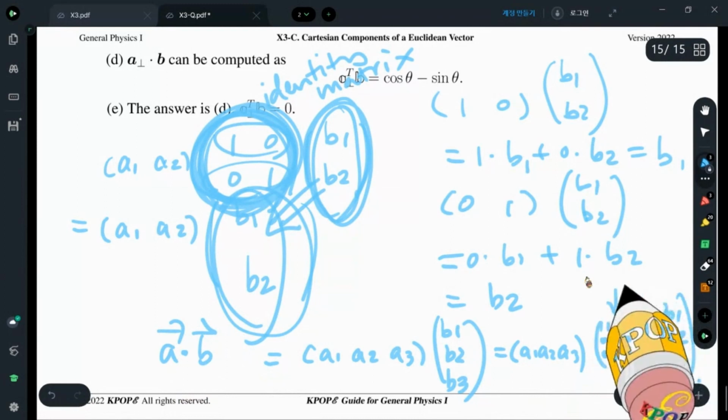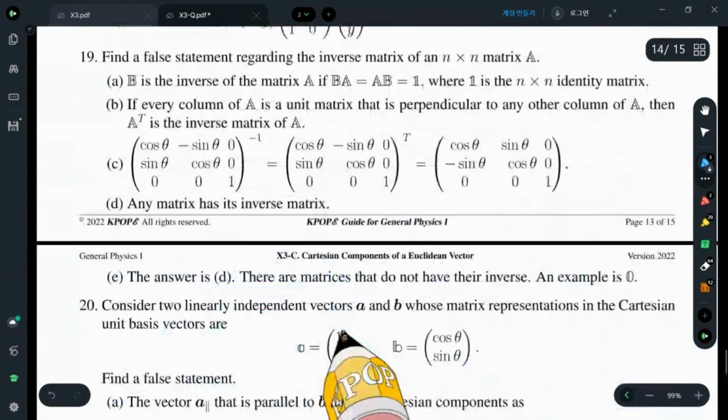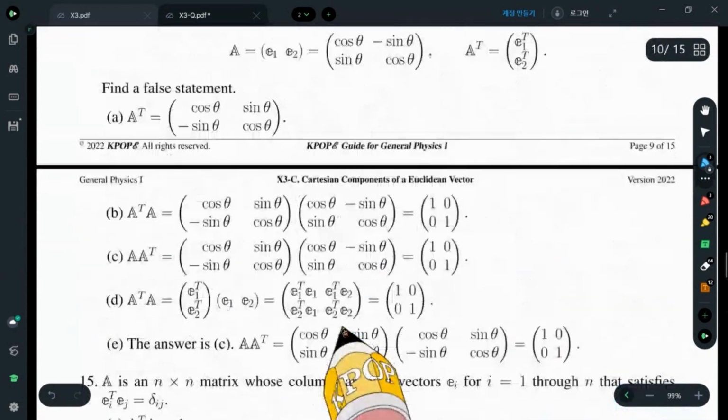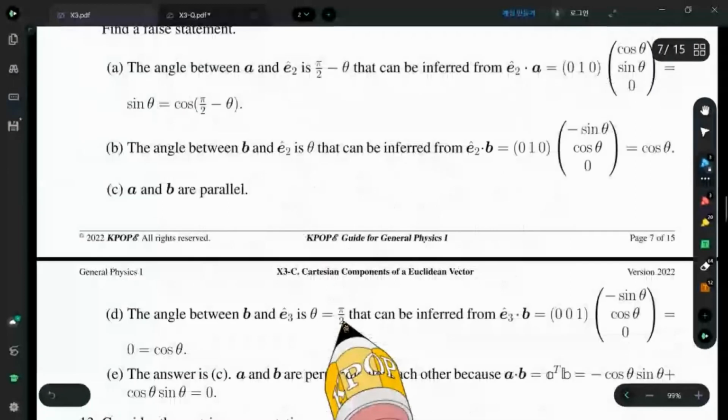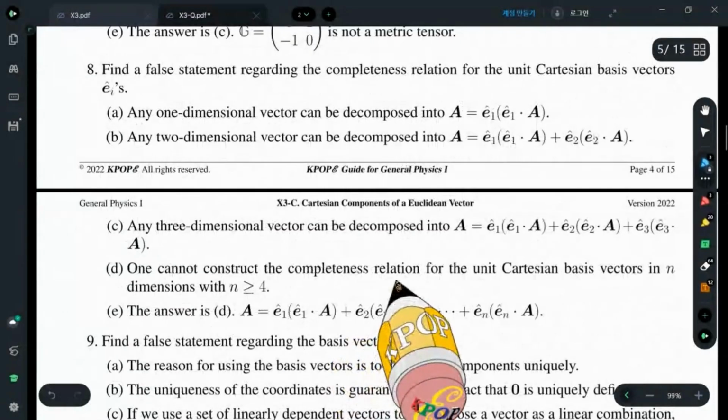So this identity matrix is the metric tensor of this Euclidean space. Anyway, we need to go ahead.